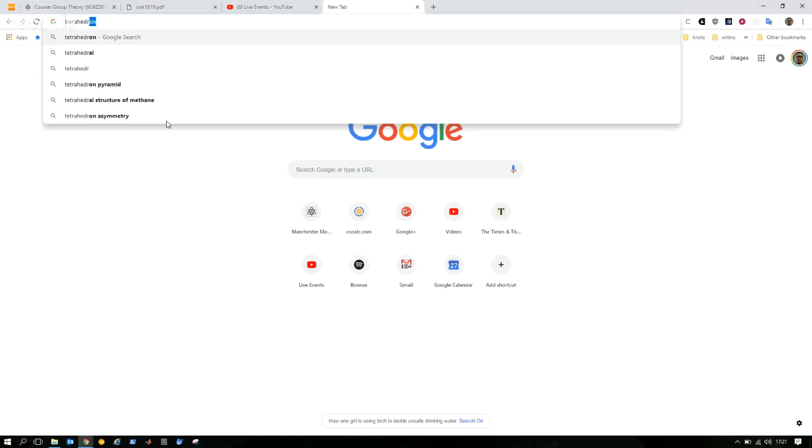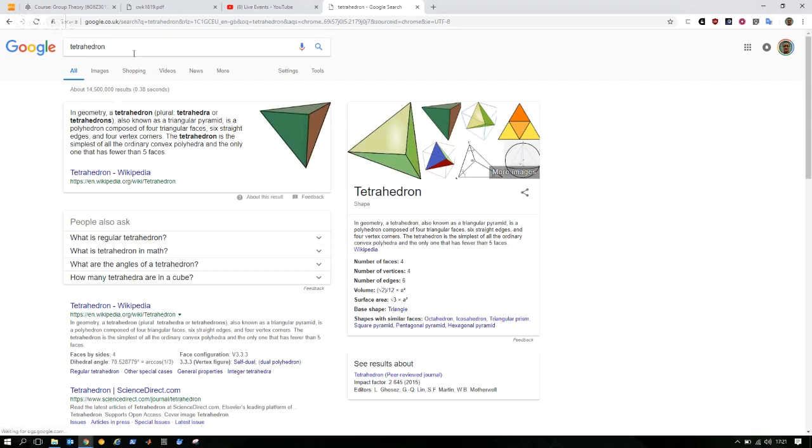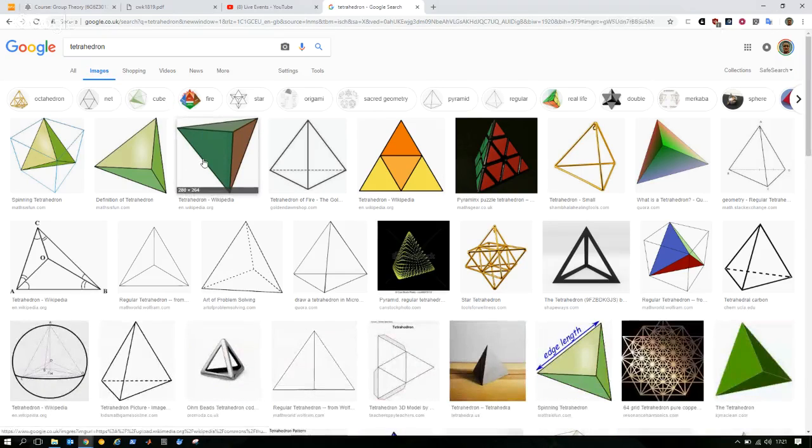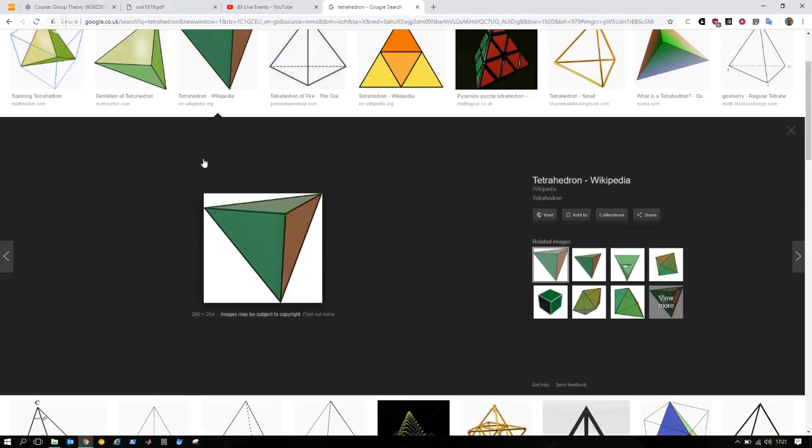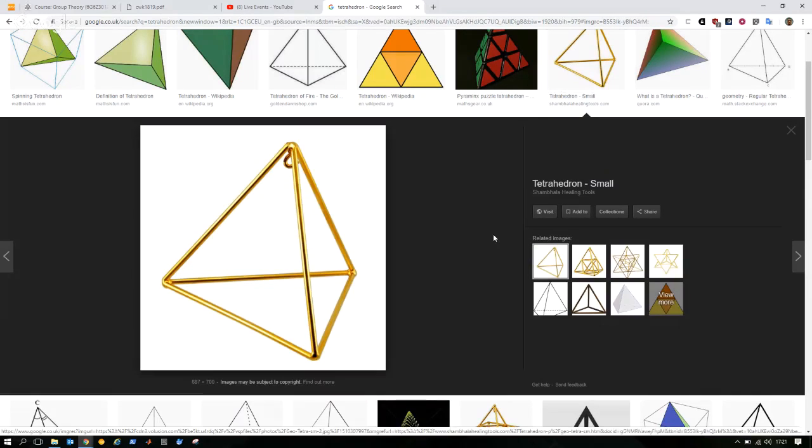So, for example, if I number the vertices 1, 2, 3, 4, so for example, this is 1, and then this is 2, 3, 4.